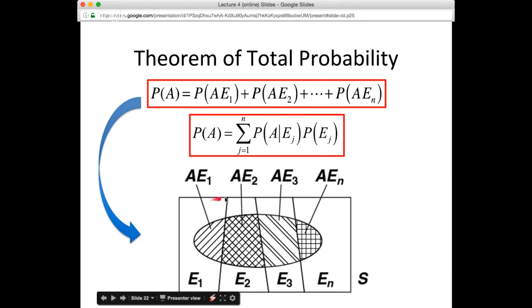So we're basically reducing the possibility space to just be E1 instead of the whole thing, times the probability that E1 occurs, right? So that would be the first term in the sum. And likewise, the second term in the sum is going to be the probability of overall A conditioned on just this portion of the possibility space times the probability of event 2, and so forth and so on. So it's basically two different ways of representing the same area, which is this event A here in the possibility space.